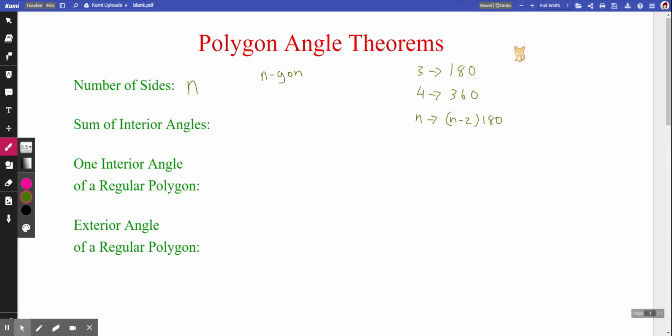So 3 minus 2 equals 1. 1 times 180 is 180. And then you do the same thing for 4. Four minus 2 is 2. 2 times 180 is 360. And you can do the same thing for any number of sides, and you'll get the sum of interior angles.